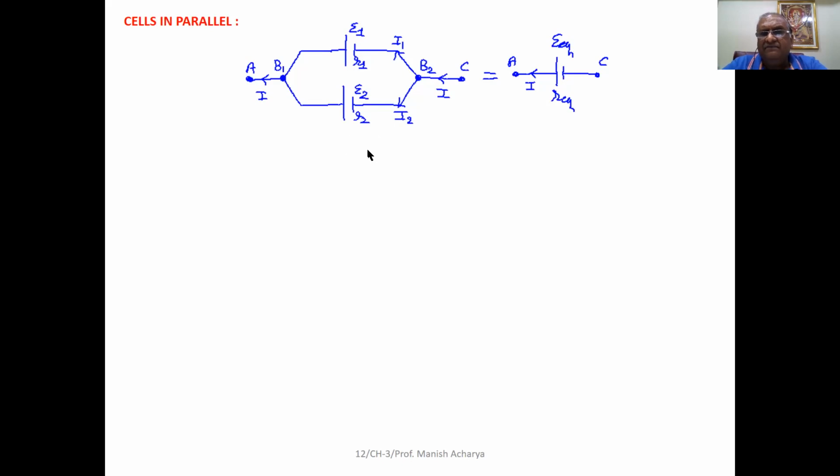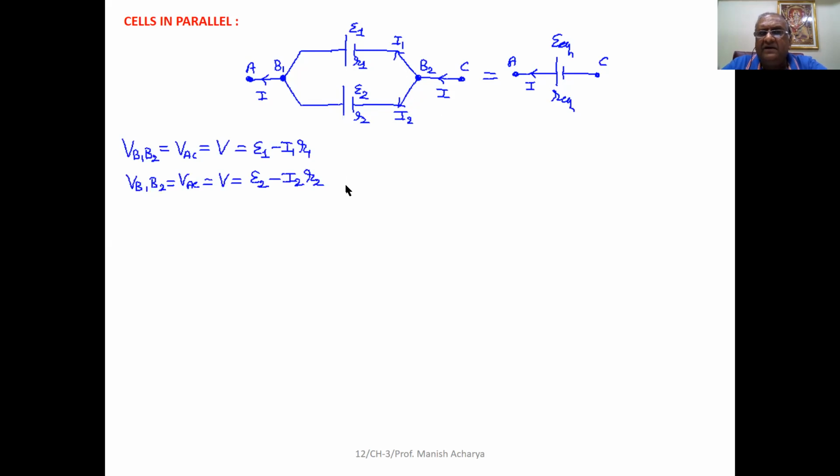Suppose here the total current is I, and through the cell E1 having internal resistance R1, the current flowing is I1, and through the cell of EMF E2 having internal resistance R2, the current flowing is I2.